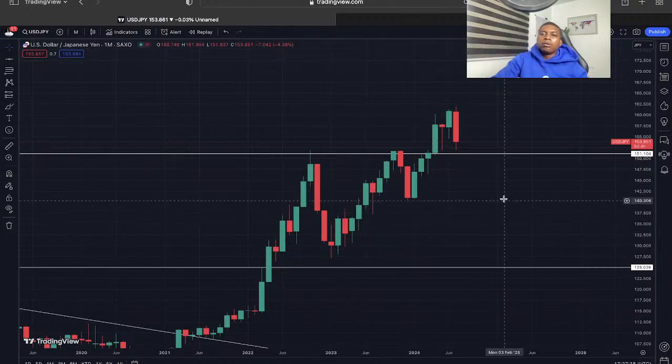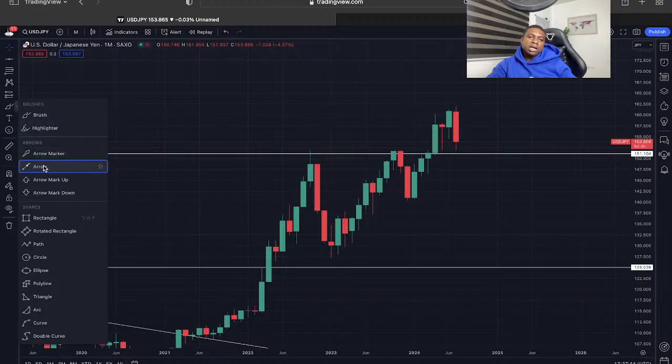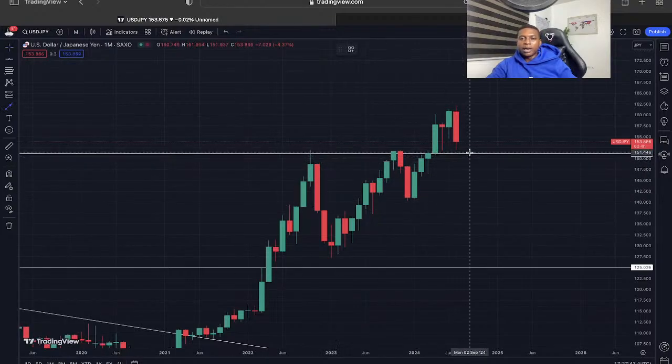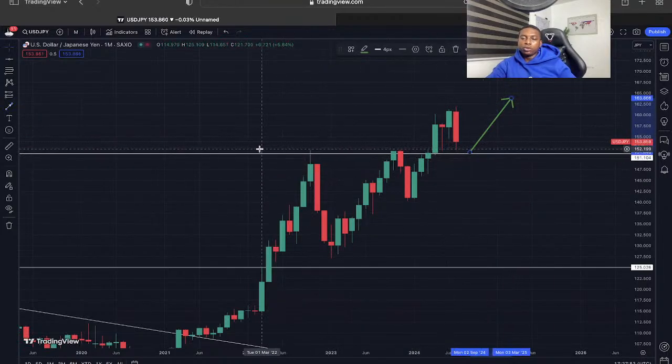Now for long-term traders, definitely you are putting a buy on this, right? Why? Because this is a major support zone, and this resistance zone has now acted as support at this level.